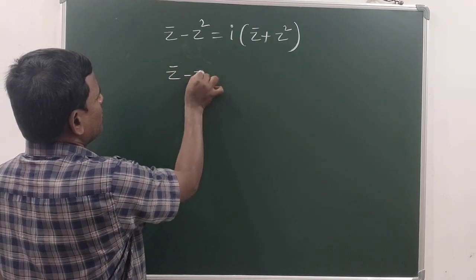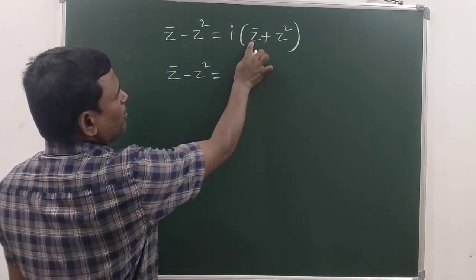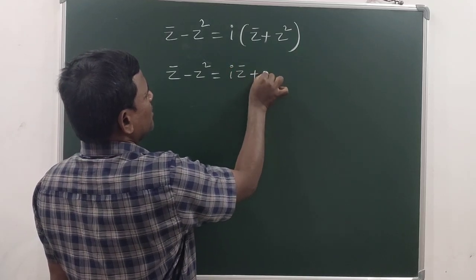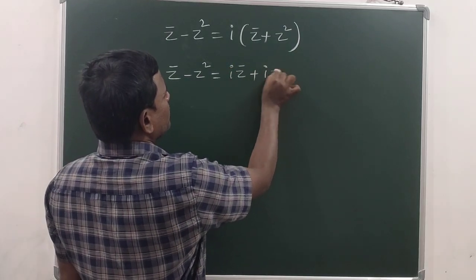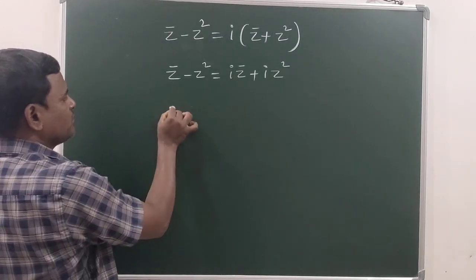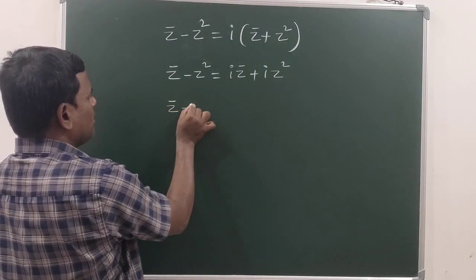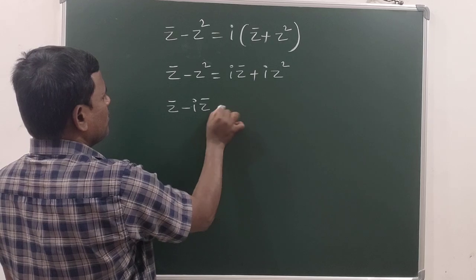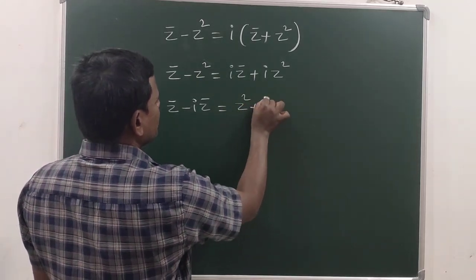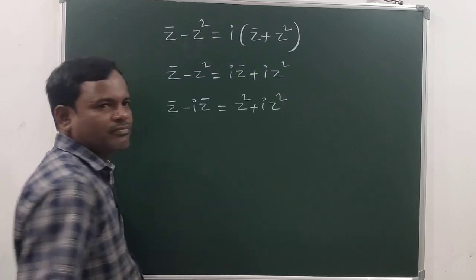Z bar minus Z square. Now multiply these two with i into Z bar and i into Z square. Now bring it to the left side: Z bar minus i into Z bar. When it goes to the right side, Z square plus i into Z square.